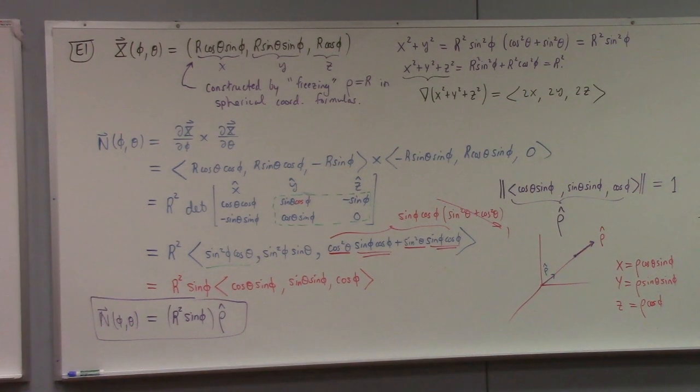Rho squared is x squared plus y squared plus z squared, right? So 2 rho d rho is 2x dx plus 2y dy plus 2z dz.